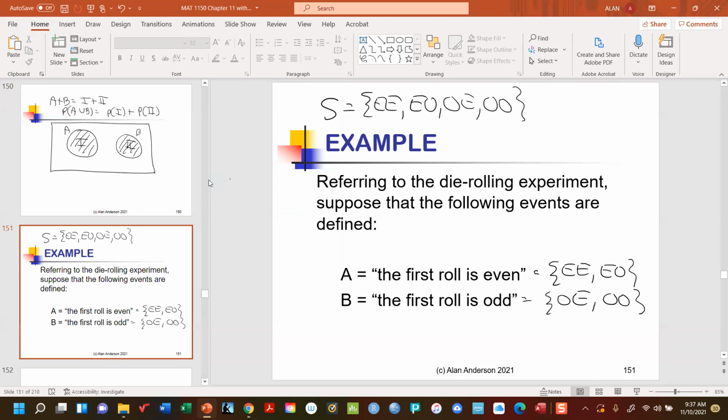And you notice right away that the two have nothing in common. They're mutually exclusive, because the first roll can't be both even and odd, obviously.